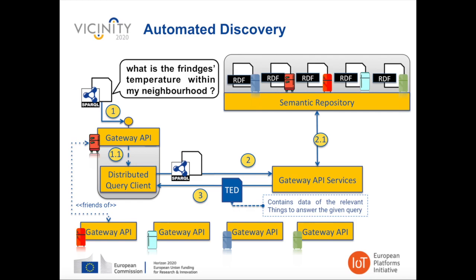However, the discovery will always maintain the privacy of the contracts, so no data outside the neighborhood will ever be discovered. Then the Gateway API Services return a TED, a thing ecosystem description, which will contain only the data relevant to answer the query.